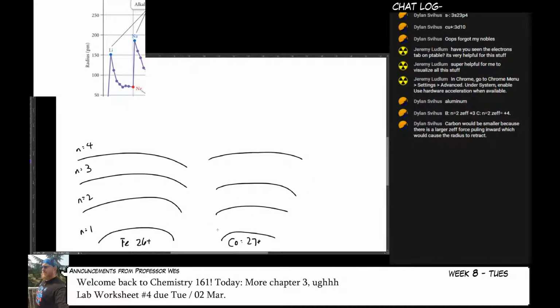And so same thing, n equals 1, 2, 3, and 4. And so if I write out the electron configuration for iron, I get this. 1s2, 2s2, 2p6, 3s2, 3p6, 4s2, 3d, I don't know how many, 6? 6, yeah. And then cobalt would be 7.